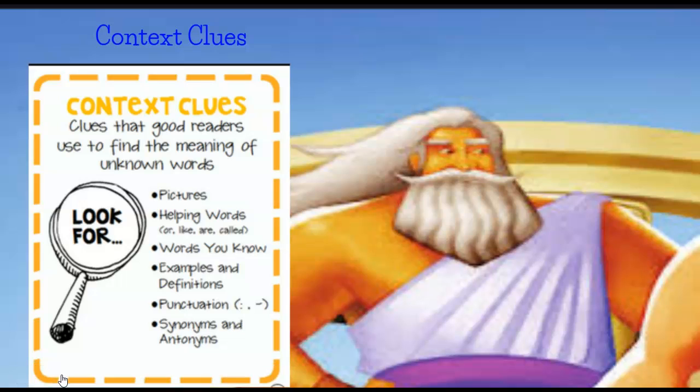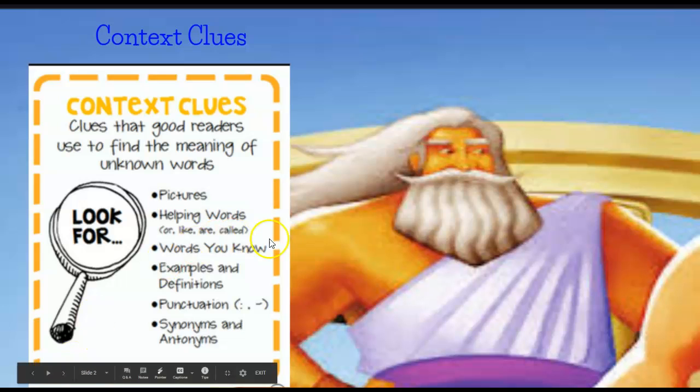Okay, context clues. Clues that good readers use to find the meaning of unknown words. Our schema is what we have in our brain, that information. Context clues are what the author or illustrator has written in a story or drawn in their pictures. Our first one is, when I come to an unknown word, sometimes I could look at the pictures.